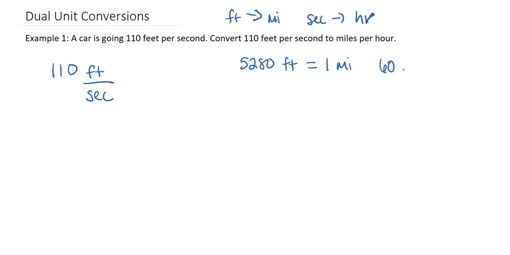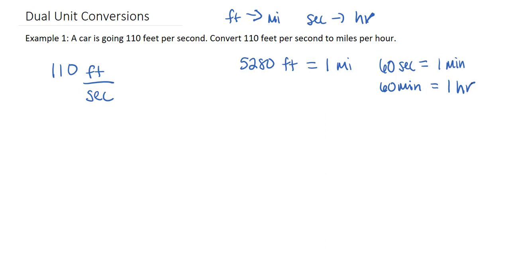Then what else do we know? We know that 60 seconds is equal to 1 minute. But that's not hours, right? So we need to go ahead and go 60 minutes then is equal to 1 hour. These are all the relationships that we probably need to know.